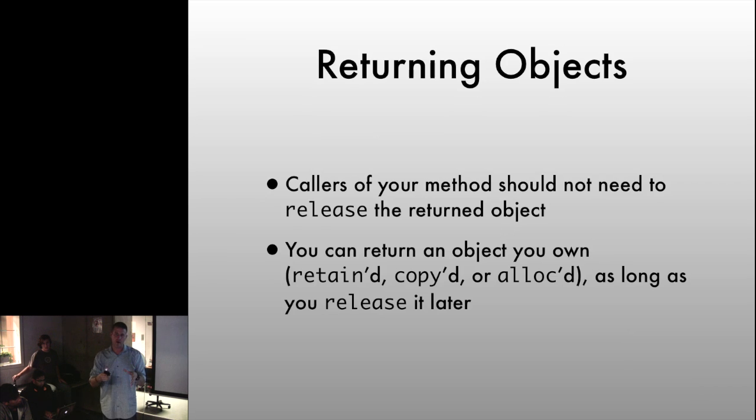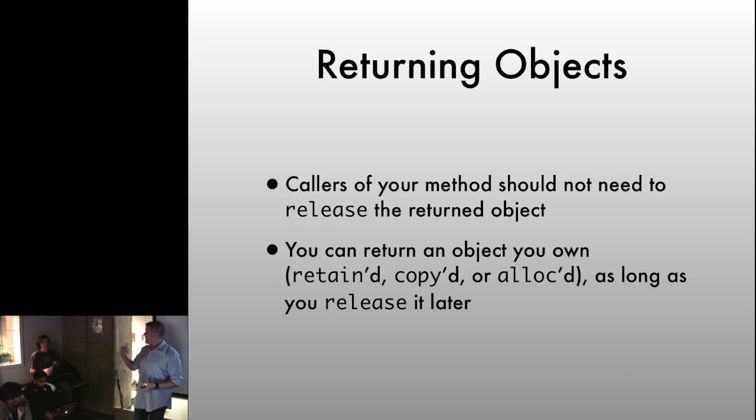You're responsible for it. So any object that you own already, you can return it. If you're writing a factory method, this is where it's commonly used. You can return it as long as you are responsible for releasing it later.